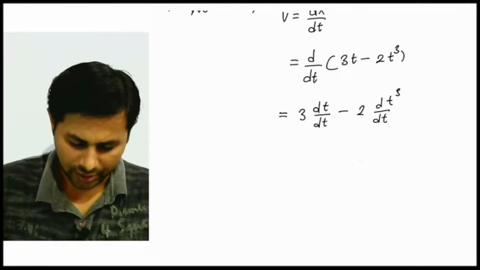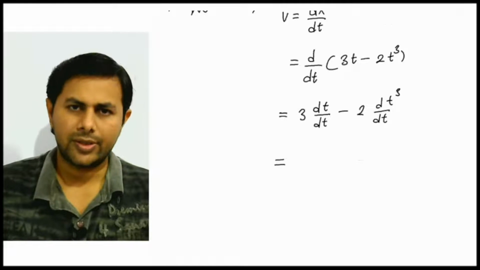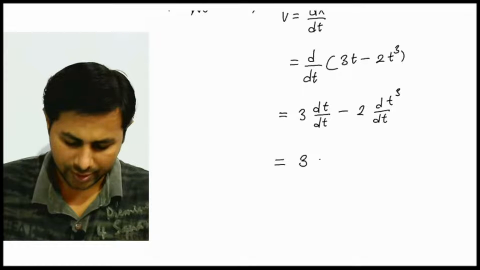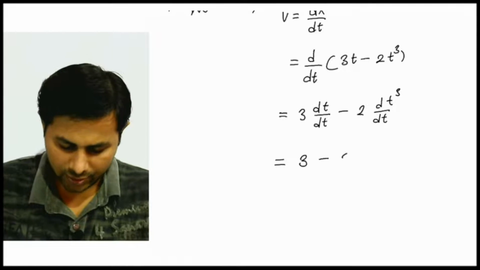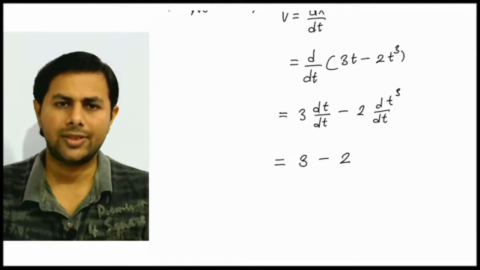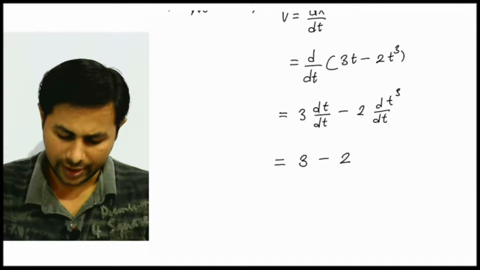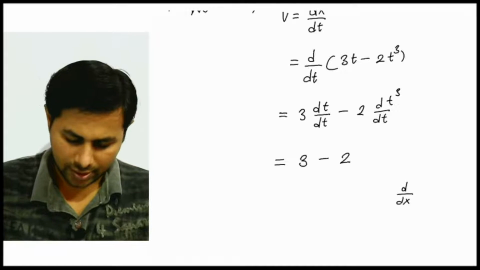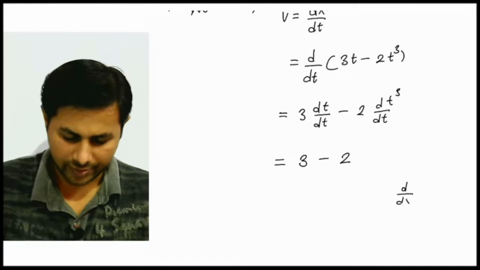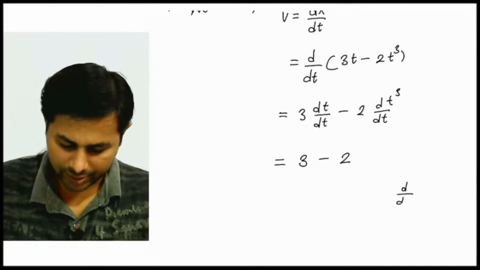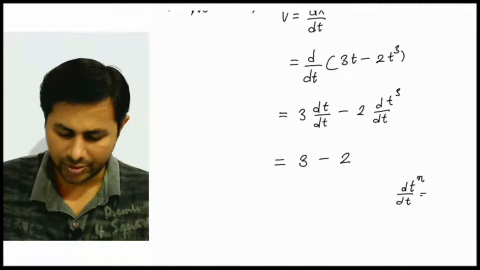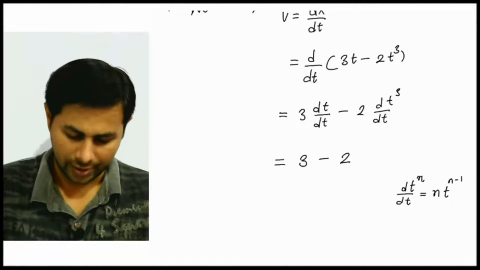Then in the first term we have dt by dt, that's 1. So 3 times 1 is 3, minus 2 times the derivative of t raised to 3 with respect to t. And we know that the derivative of t raised to n with respect to t is n times t raised to n minus 1.